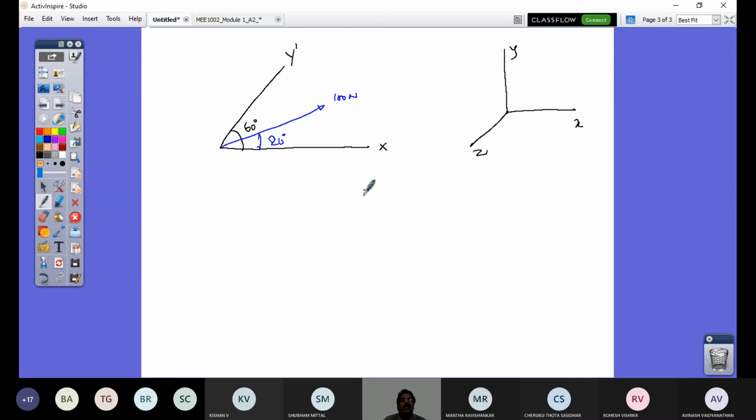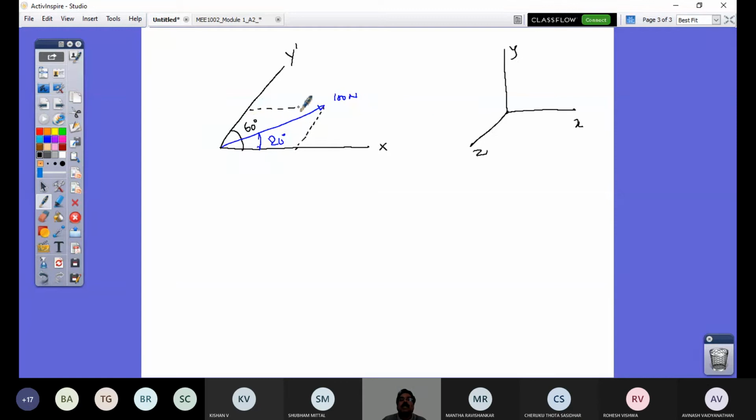There we constructed a rectangle, but here I'm going to construct a parallelogram. I draw a line parallel to the y dash axis from the head of the force, and a line from the head of the force parallel to the horizontal axis.